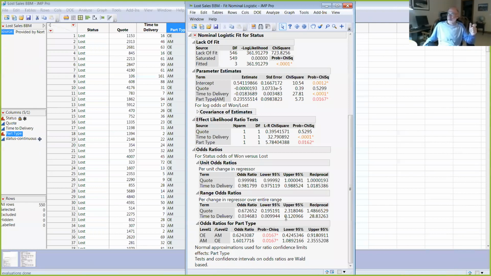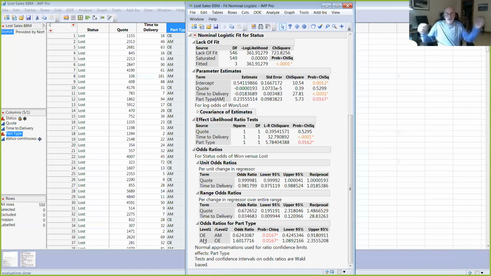Or put another way, if you look at the confidence interval, the odds are anywhere from 0.01 to 0.12. You're far more likely to win this order if the time to delivery is quoted at the low end, shortest time versus the longest time.